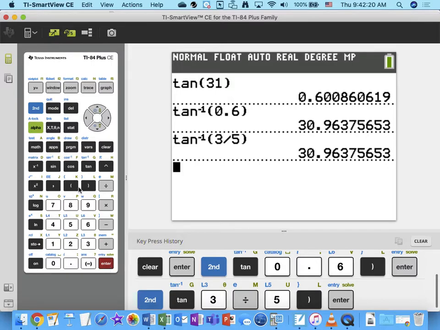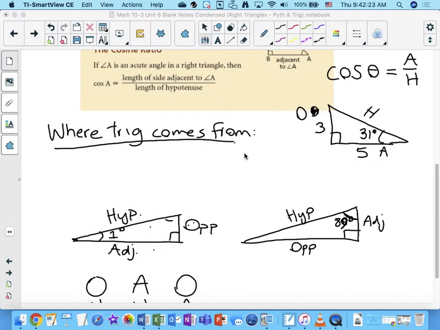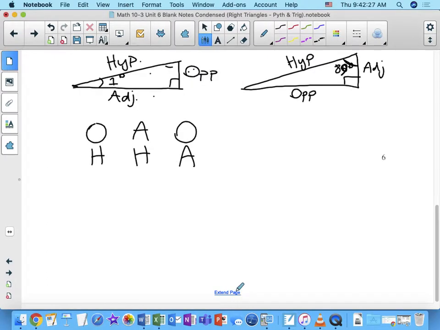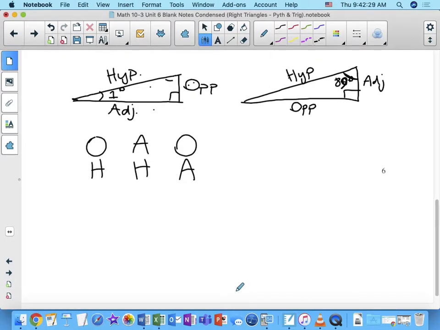Okay? So when I went to this little 1-degree triangle, what I was getting at is that this is where trig comes from, right? We talked about a triangle with 31 degrees and how that's stored in the memory of your calculator. But this one is as well, as is this one, where this is now 2 degrees at the bottom. And all of the side lengths are stored, as are the ratios.